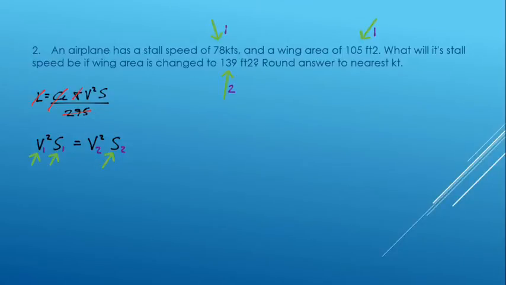So now I simply solve those, algebraically manipulate that, so that my unknown is on one side of the equal sign, and I can solve out for those values.